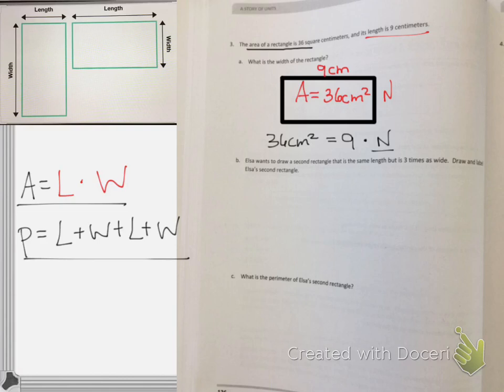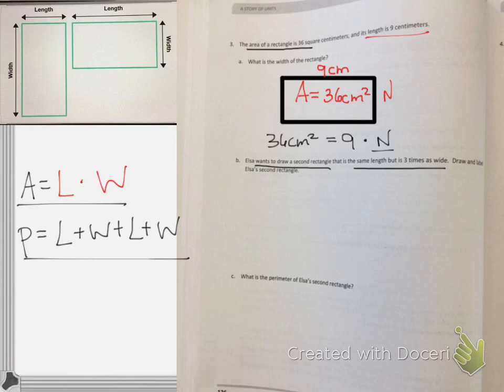Okay. Remember, pause the video at any time if you need assistance and help with this. So let's go on to B. It also wants us to draw a second rectangle that is the same length but is 3 times as wide. Draw and label Elsa's second rectangle. So this is going to change our whole dynamic.